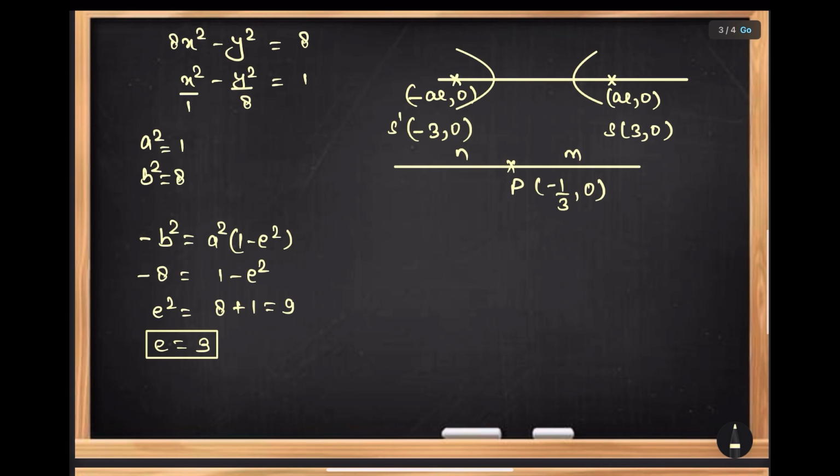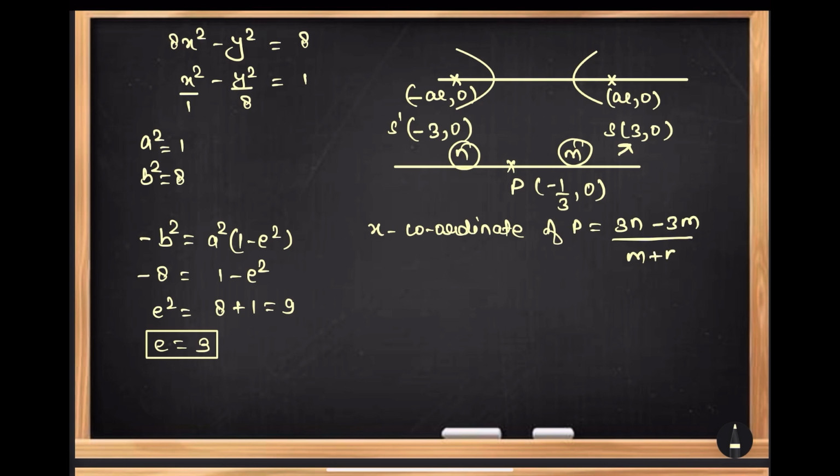Now find the x coordinate of P. It will become 3n, correct? n will be multiplied with x, m will be multiplied with minus 3. So minus 3m by m plus n. According to us, this is the x coordinate, but in reality the x coordinate is minus 1 by 3. So let's do the cross multiplication.